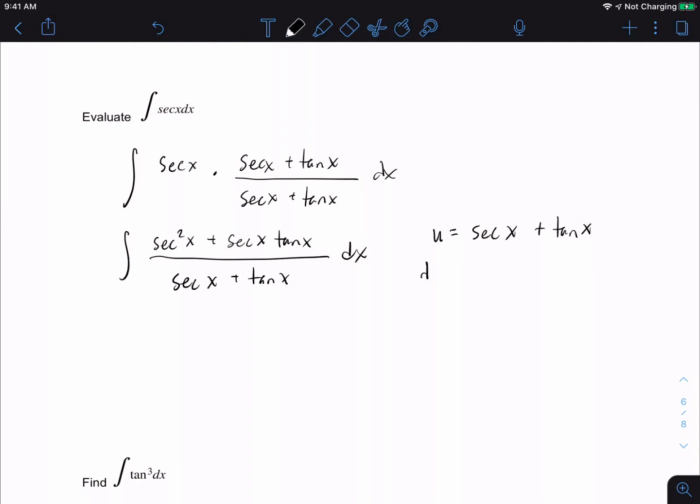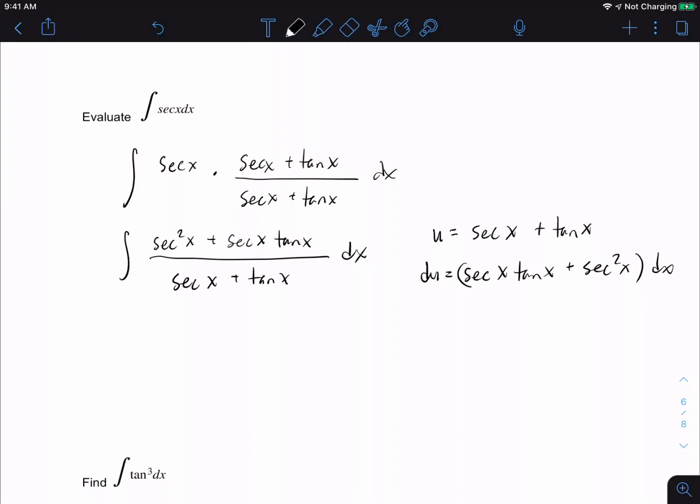When I take the derivative of that, the derivative of secant of x is secant x tangent x, and the derivative of tangent is secant squared x dx. What do we notice? The derivative is the numerator of our problem.